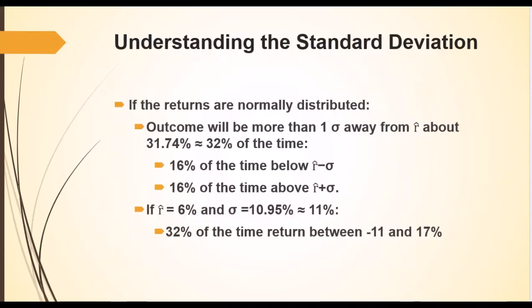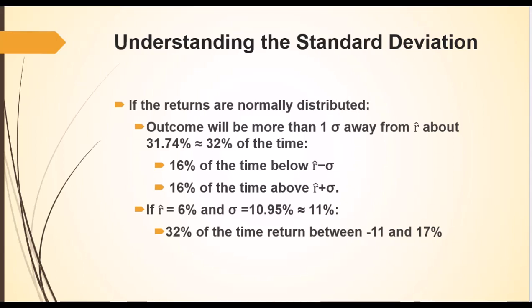So how can we understand a little bit more about standard deviation? If the returns are normally distributed, the outcome will be more than one standard deviation away about 32% of the time. So 16% of the time it'll be below the return, 16% will be above the return.